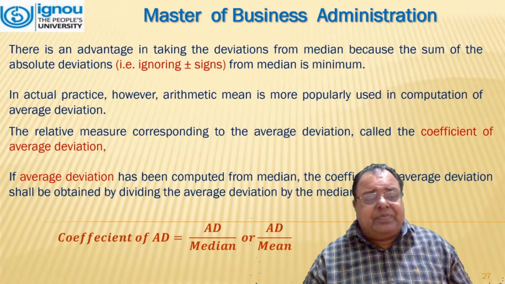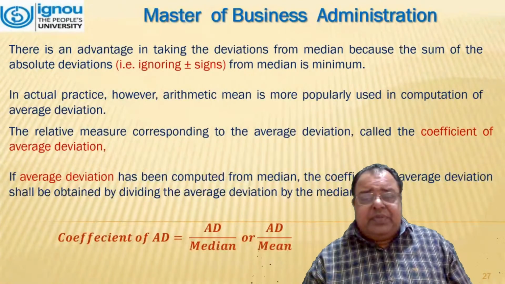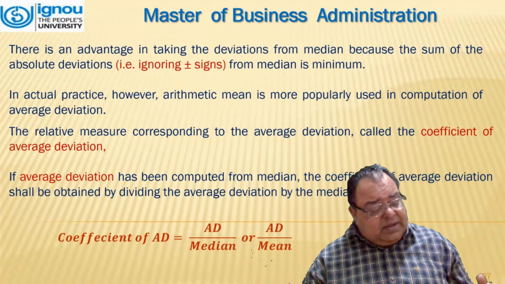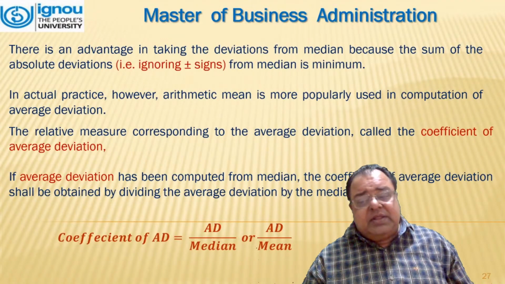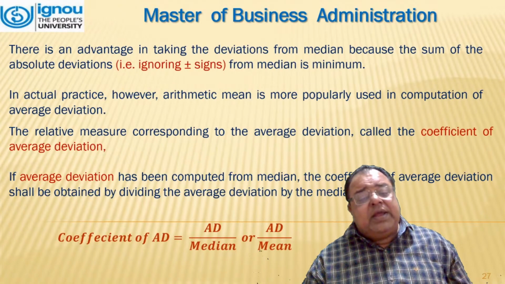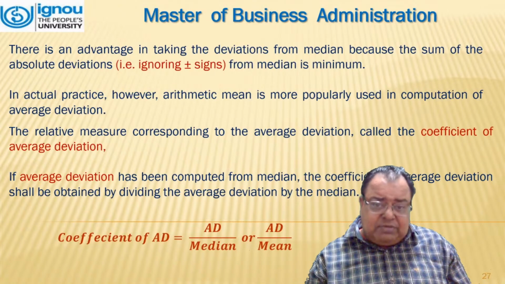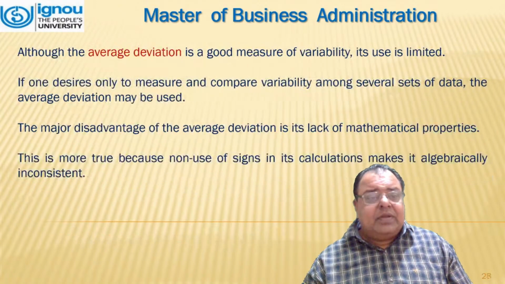The relative measure corresponding to the average deviation is called the coefficient of average deviation. If the average deviation has been computed from median, the coefficient of average deviation shall be obtained by dividing average deviation by the median. And if it is in terms of mean, then it will be divided by mean.